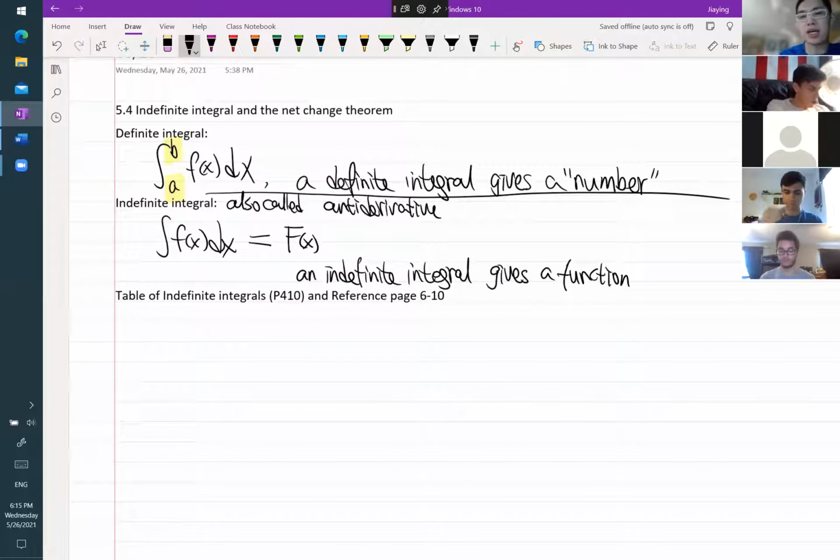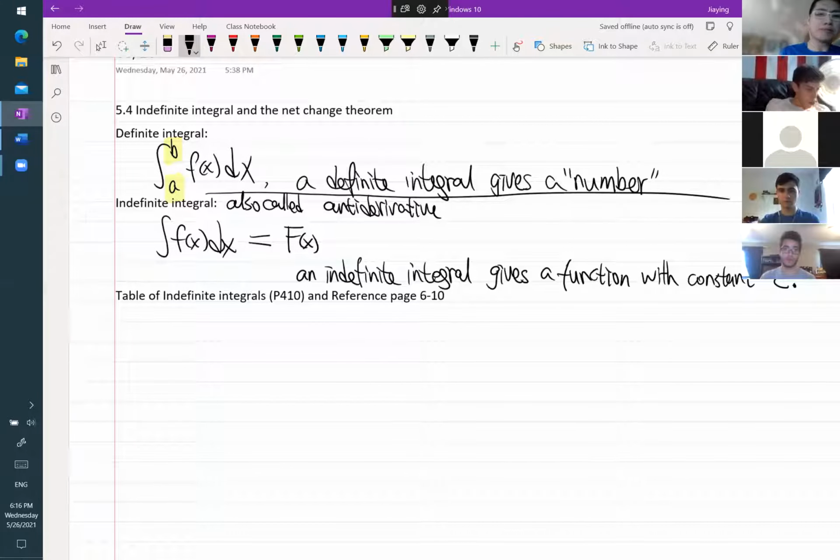But if you remember, when we find the antiderivative, there's always a constant c there. So that's the difference.